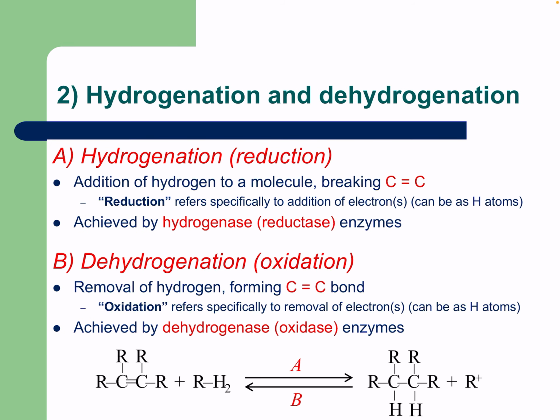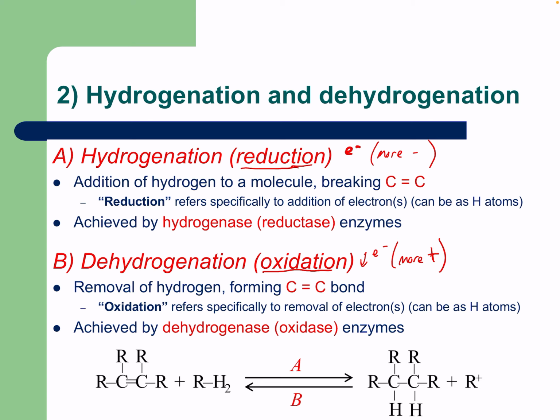Next is hydrogenation and dehydrogenation. We mentioned how hydrogenation and dehydrogenation are also known as reduction and oxidation. Reduction would be the gaining of electrons, and oxidation would be the loss of electrons. So this becomes reduced, more negative, and this becomes more positive. This relates to their charge.